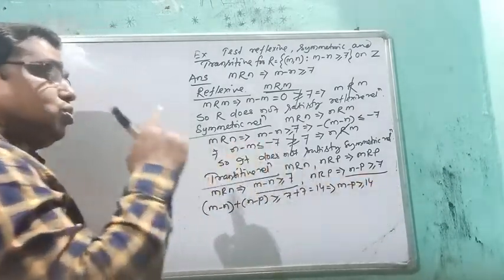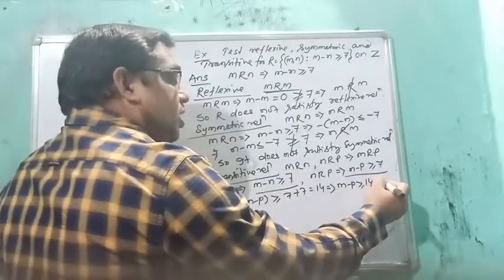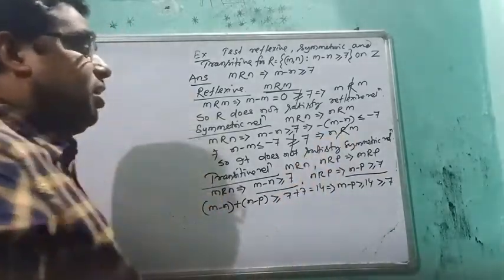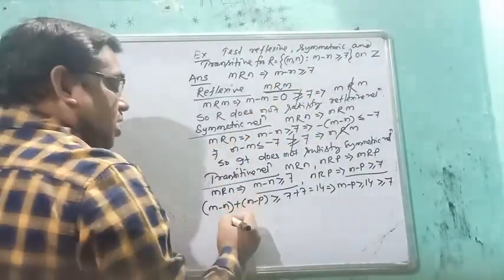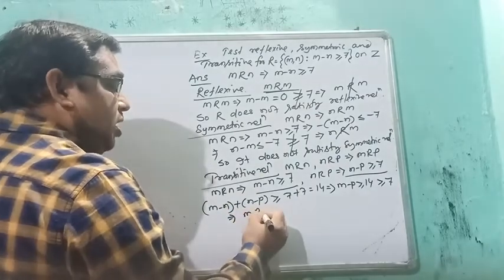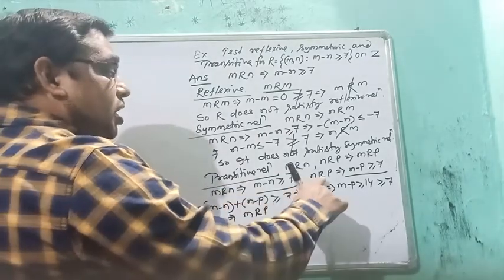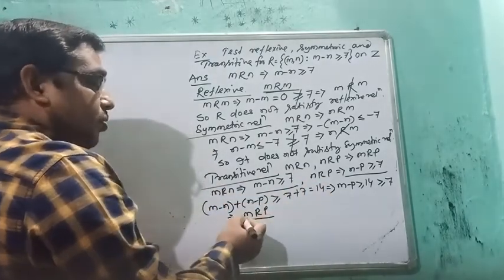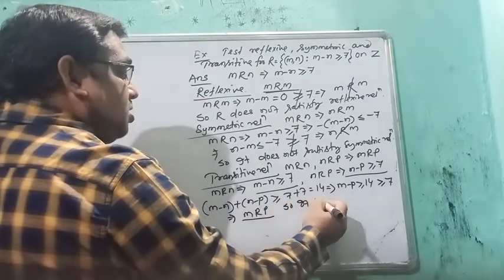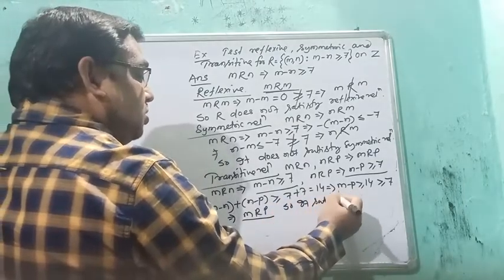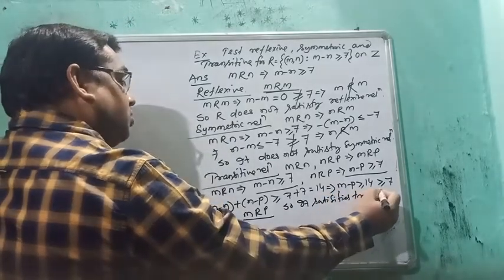Already you know that numbers greater than or equal to 14 must be greater than or equal to 7. So m minus p is greater than or equal to 7. Then we can write m is in relation to p. So it satisfies the transitive relation.